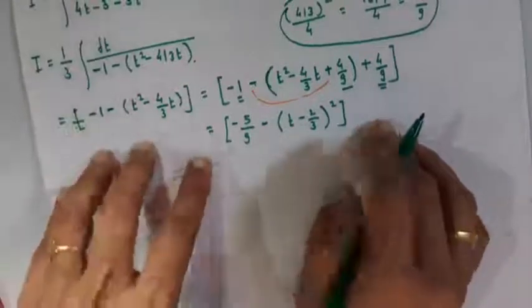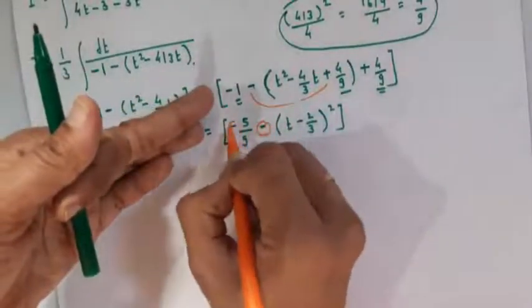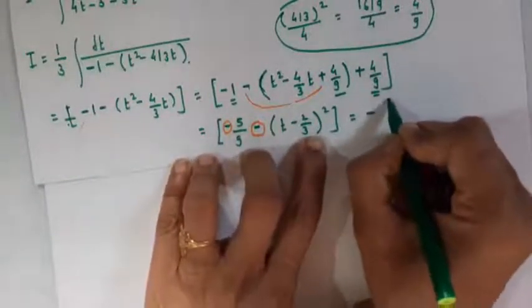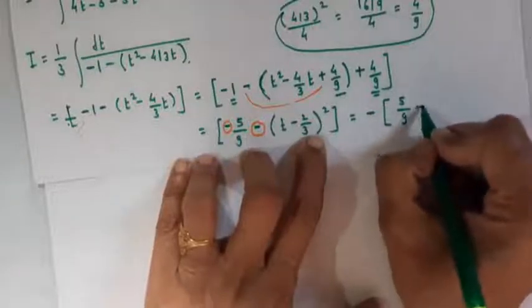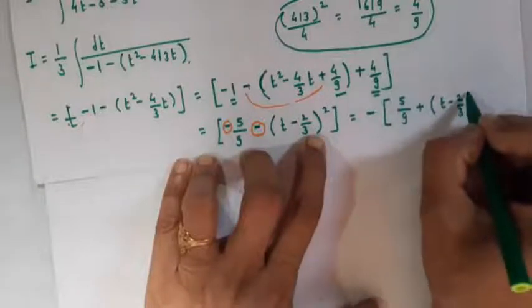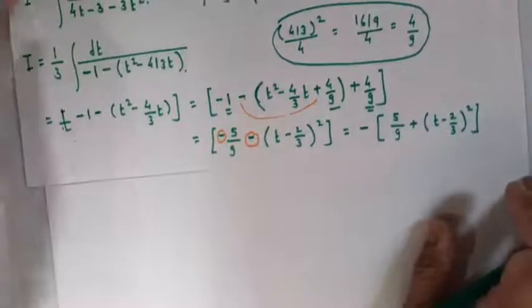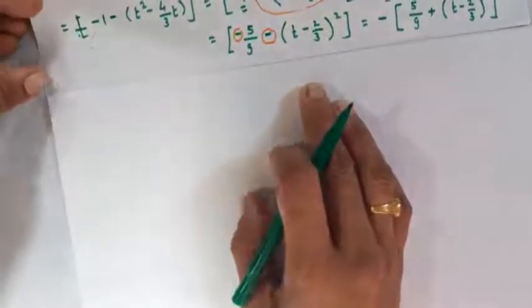So students, take the negative sign outside, we will get minus sign, that is 5 by 9 plus t minus 2 by 3 whole square. Okay, and in this way we have adjusted the term.